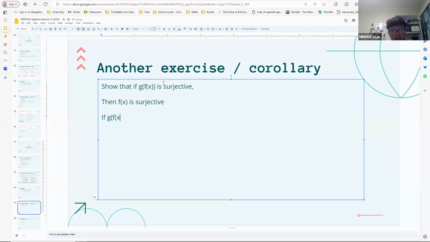If G of F of X is not surjective, then there is some element in the range C such that G of F of X does not have any X that maps to it.